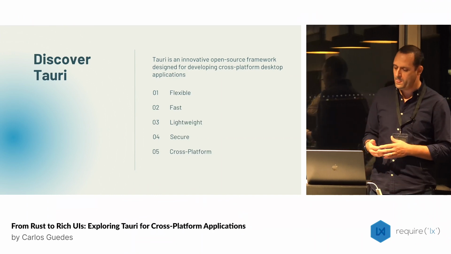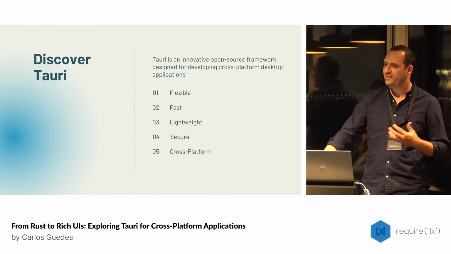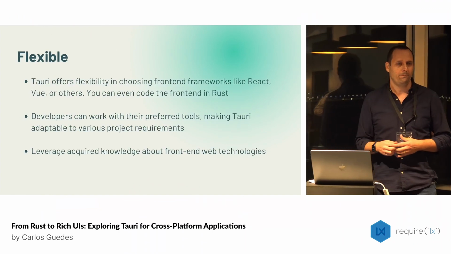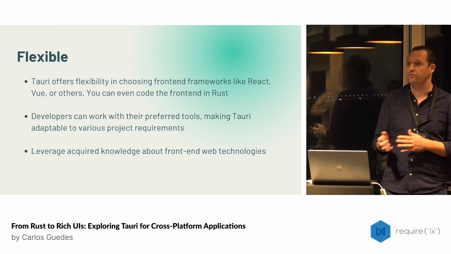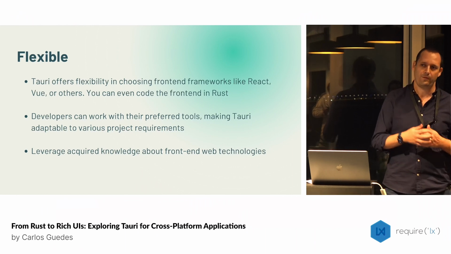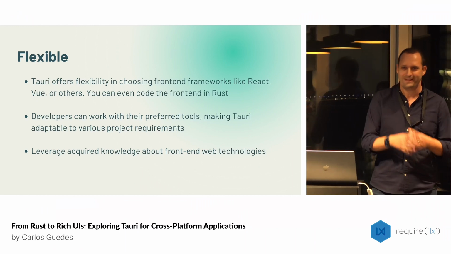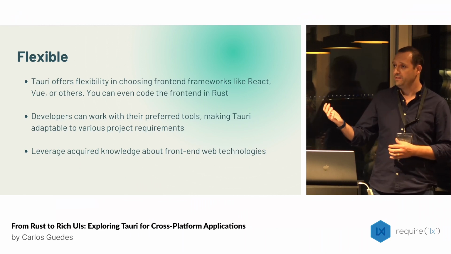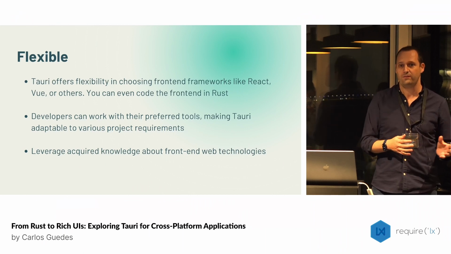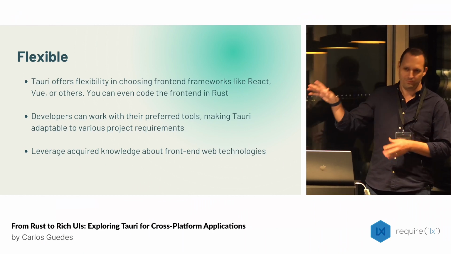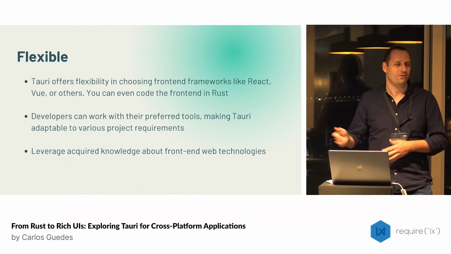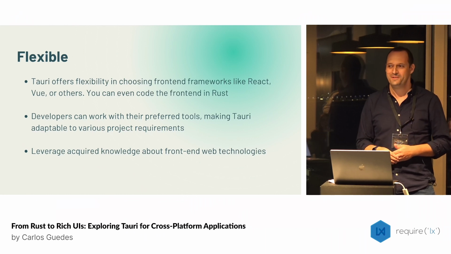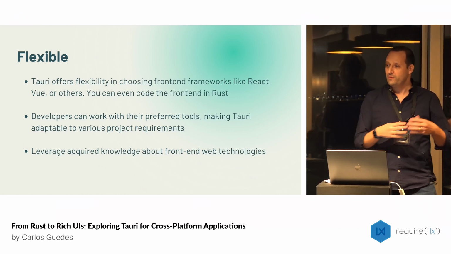So what does this mean? What is being flexible? Being flexible is being agnostic of what you choose to build the app. Of course, there is a strong Rust baseline, but after that, you can choose for the front end known technologies from the web, based on JavaScript, using web technologies, even WebAssembly, or even Rust.